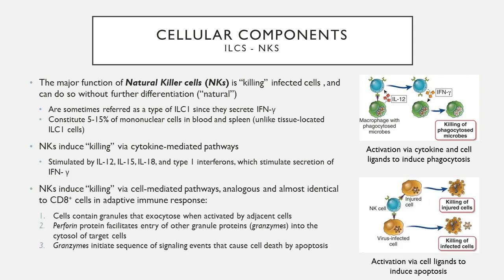The second is through a cell-mediated pathway that's almost identical to the killer T cells, the CD8 plus cells of the adaptive immune response. Like CD8 plus cells, natural killer cells have granules. These are internal payloads of proteins that, when released and come into contact with infected cells, induce apoptotic or suicide mechanisms within that cell.